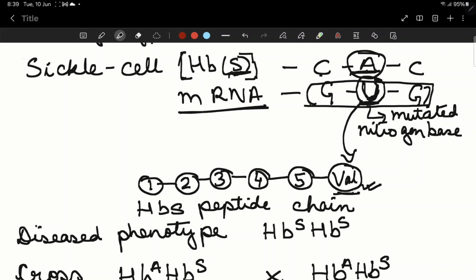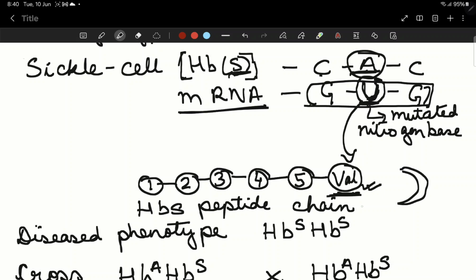In this condition, the patient now has a separate polypeptide chain present in the hemoglobin. So the patient will have RBCs in a sickle shape, like this. It's a crescent shape, or we can say it's a sickle shape.